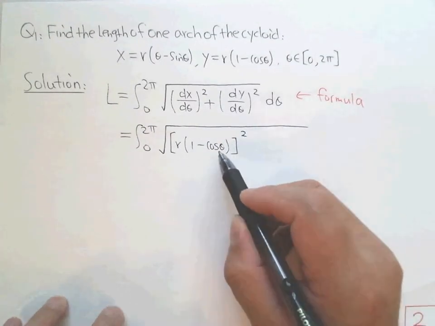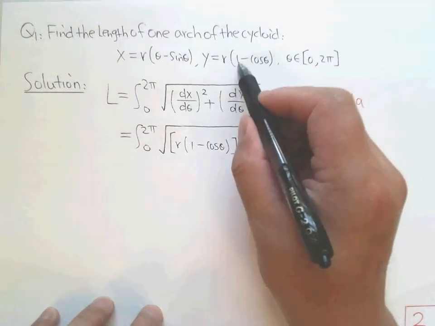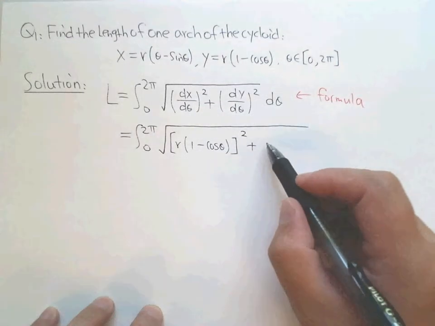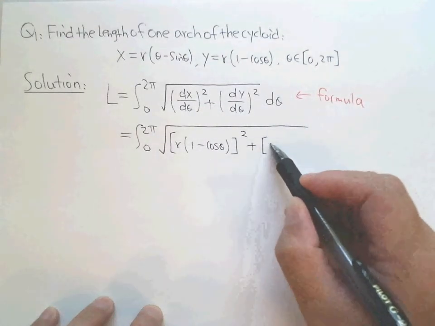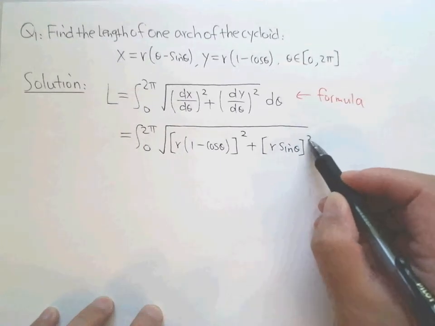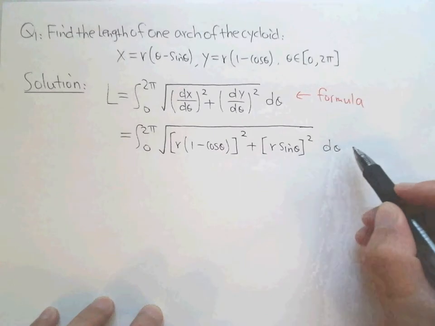See, that's dx d theta. What's the dy? This goes to 0, this goes to sine, right? So we have r times sine theta, squared.